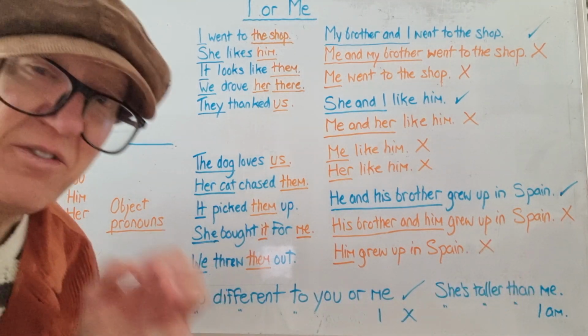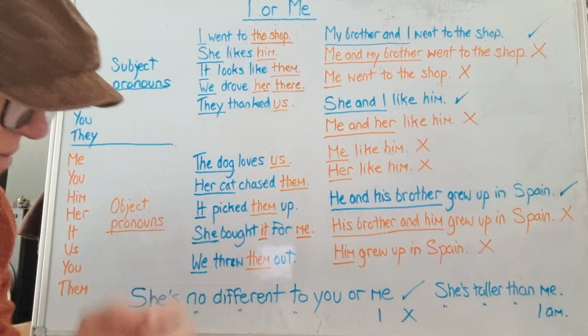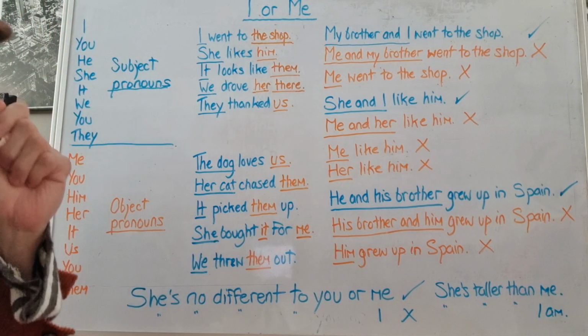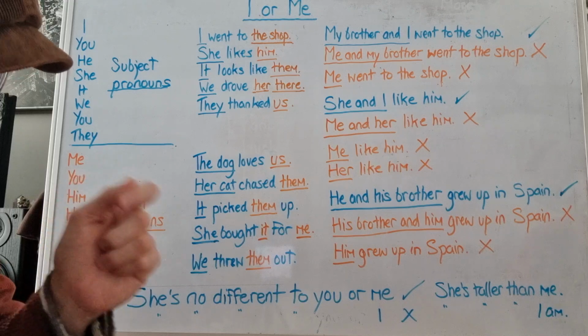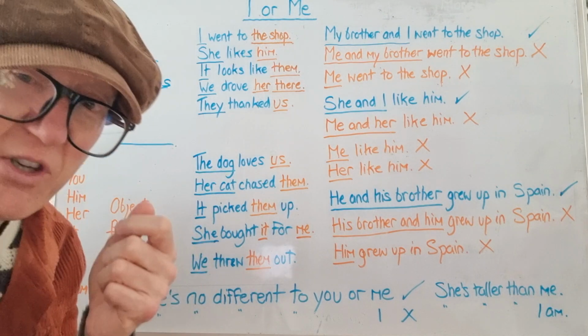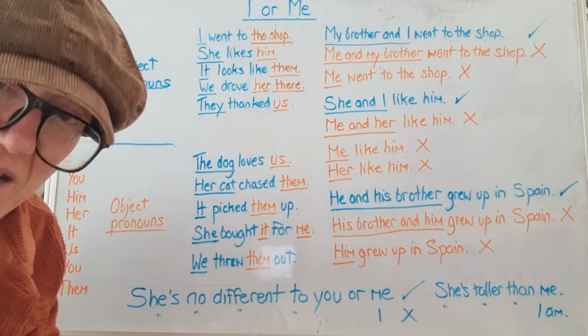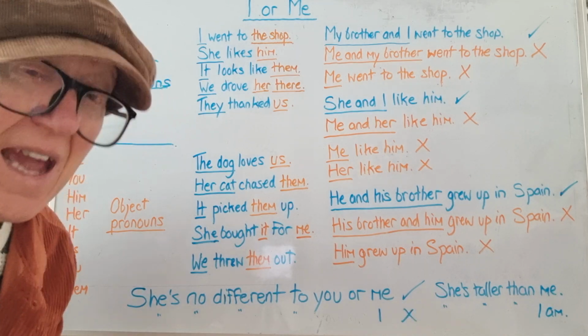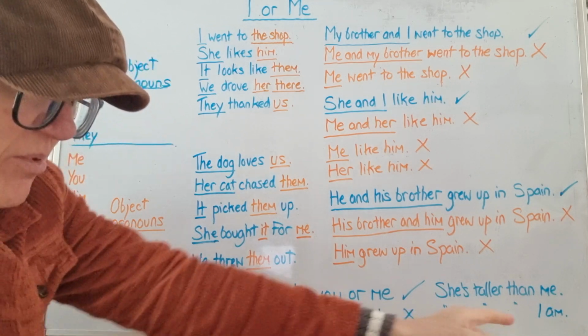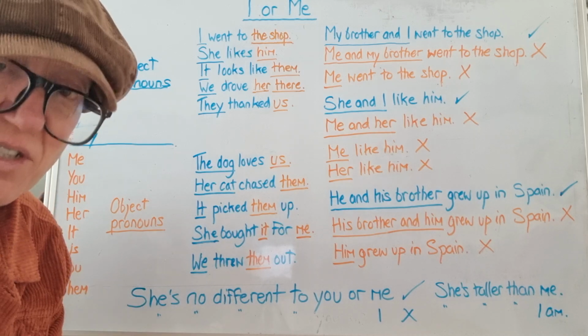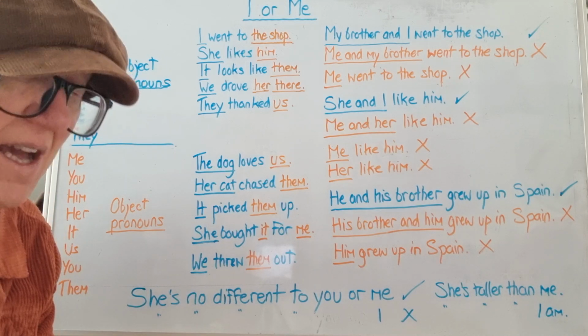Now this is interesting because I've heard people say that you can say she's taller than I, but you can't. She's taller than me, okay, or she's taller than I am. You can use the subject pronoun here as long as you use the auxiliary verb. She's taller than I am.